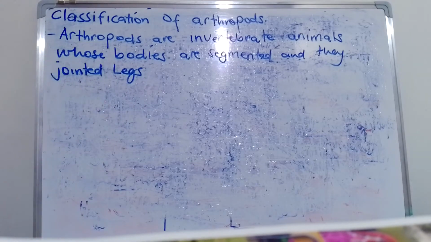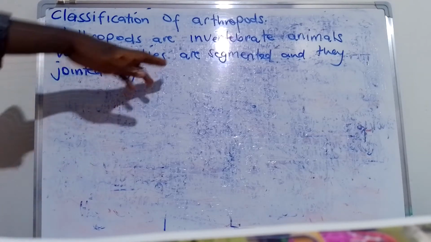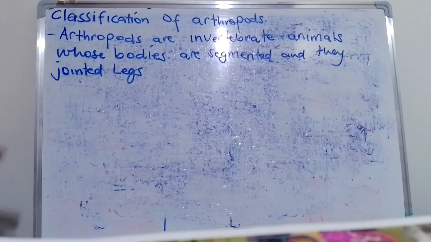Those are arthropods: animals with segmented bodies and jointed legs. Whichever animal you find with a segmented body and jointed legs, you get to know that that is an arthropod.